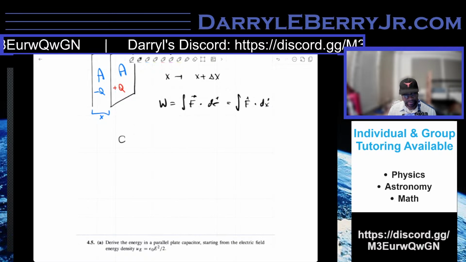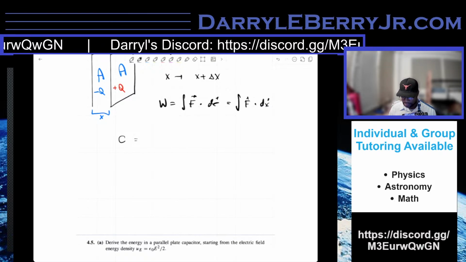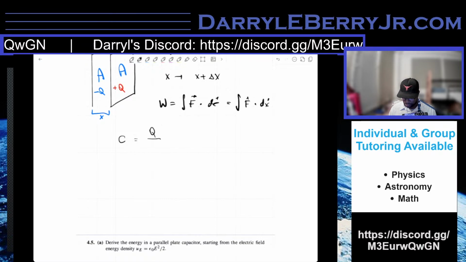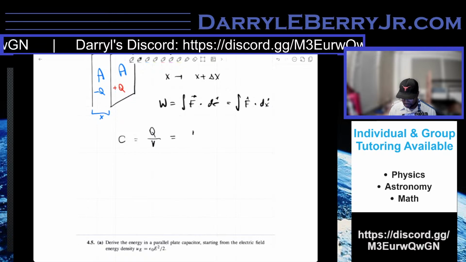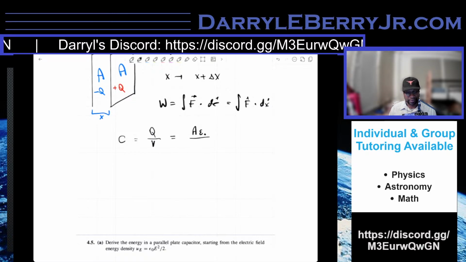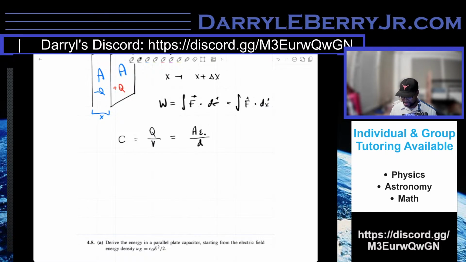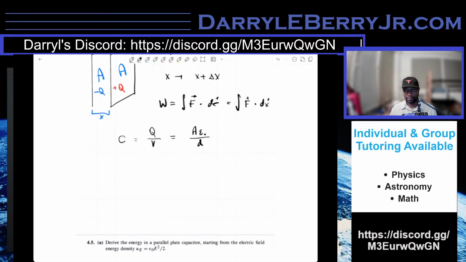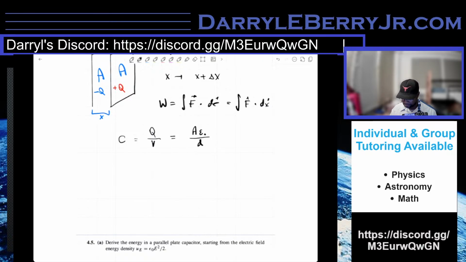So capacitance equals, pretty sure it's Q over V, and it'll also equal A epsilon naught over D. So capacitance will be the area divided by the distance. The bigger the area, the more capacitance; the smaller the distance between them, the more capacitance.